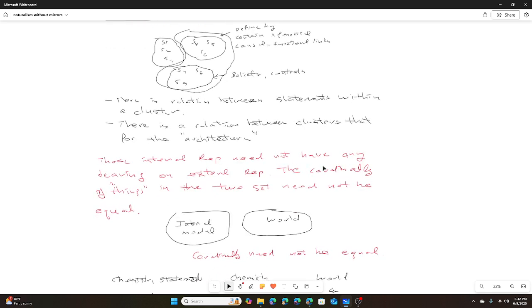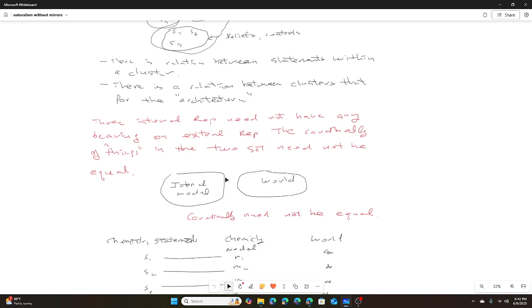I think the important thing about this section is that the author is saying that these internal representations have no bearing on external representation, and that the cardinality of the things in the two sets need not be equal.